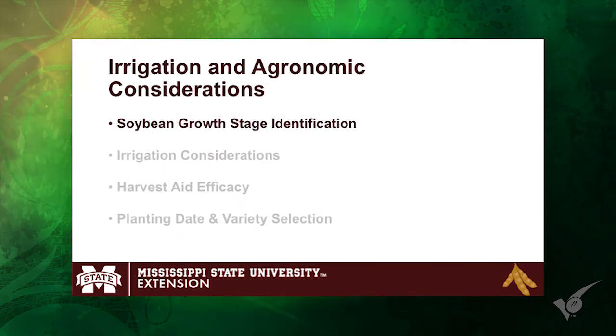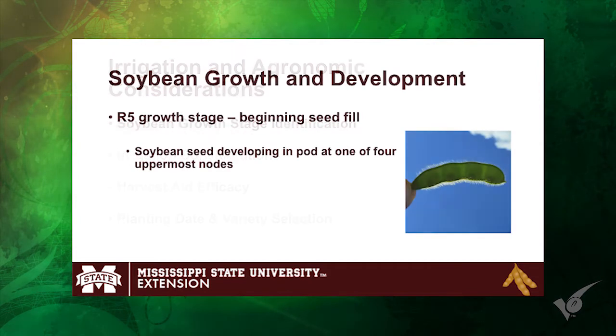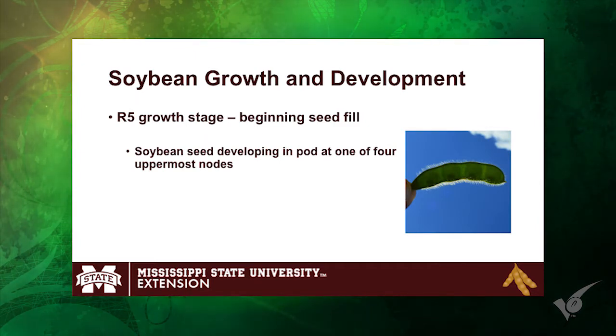So real quick, don't want to spend a lot of time on it, but soybean growth stage ID. I just want to mention that. I know it's real basic, but a lot of the things that we do hinge around these late reproductive growth stages. Starting with R5, that's beginning seed fill. The easiest way to ID that is pull a pod, hold it up to the sunlight, and you will see those tiny specks of seed within that.